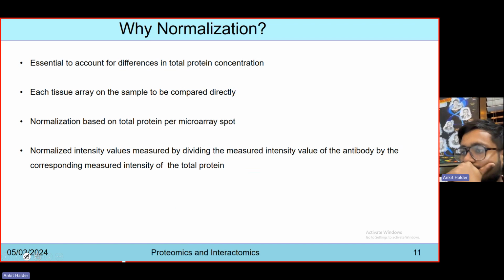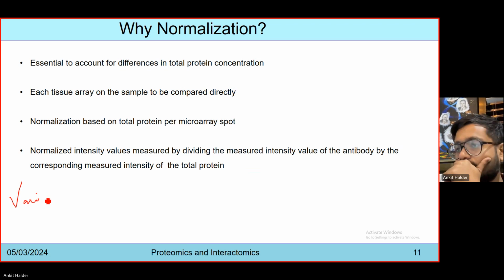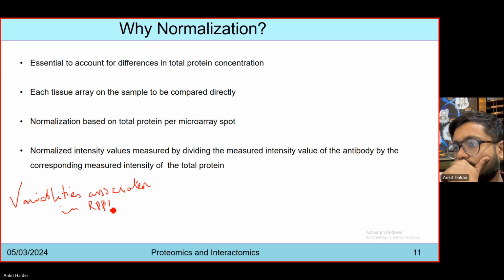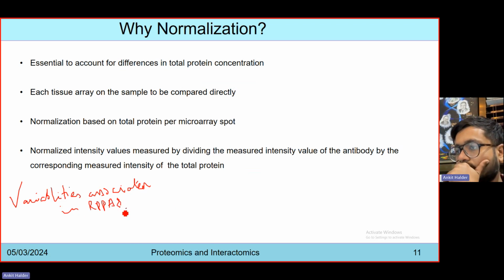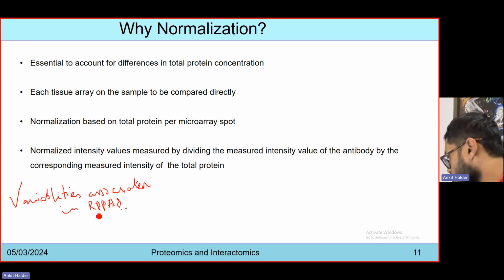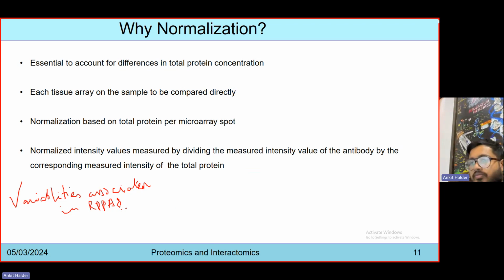So what are the variabilities that are associated with RPPA? First is the cell or the tissue.